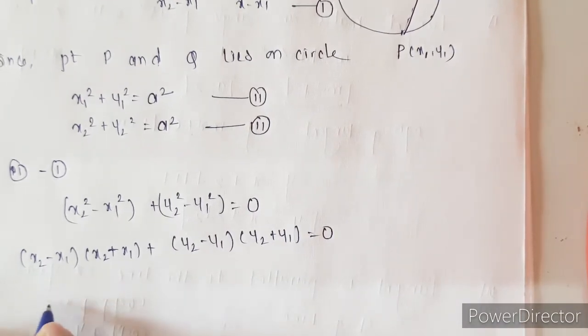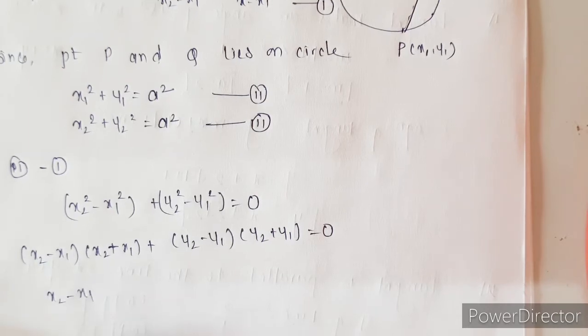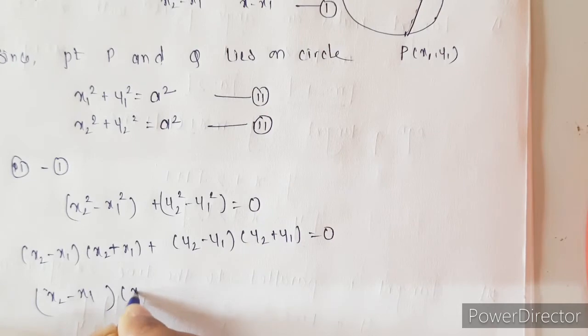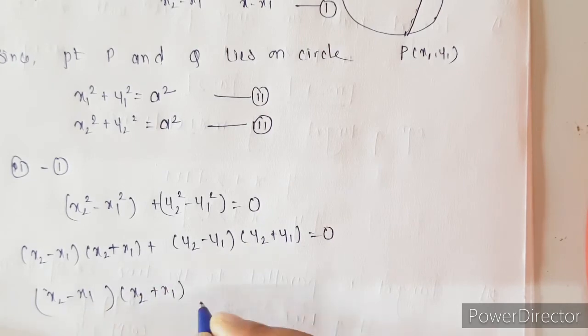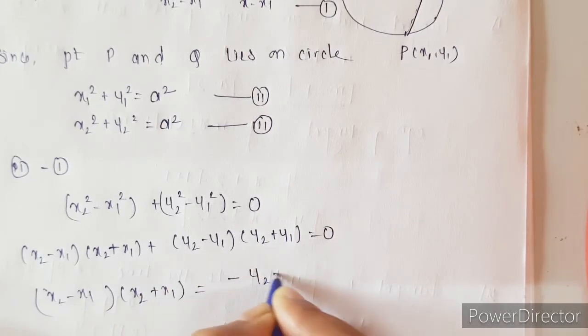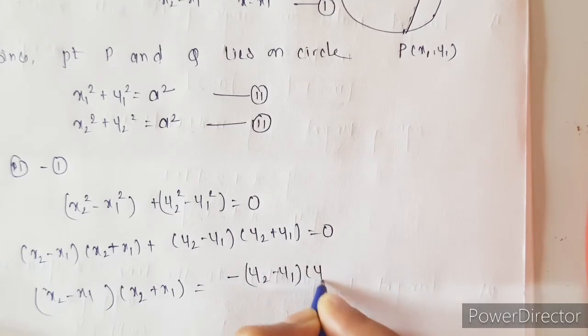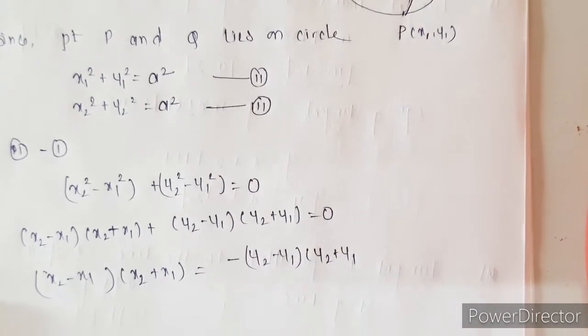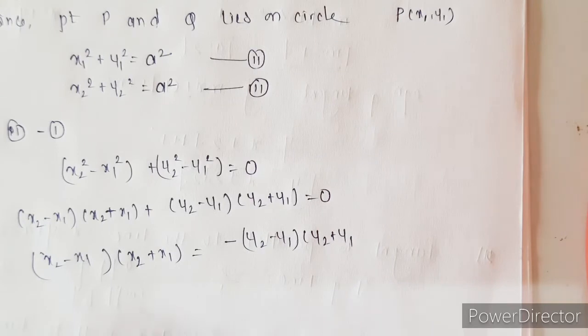Again we can write this as x2 minus x1 into x2 plus x1 equals minus y2 minus y1 into y2 plus y1, right?